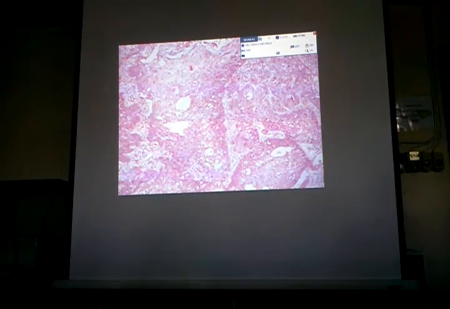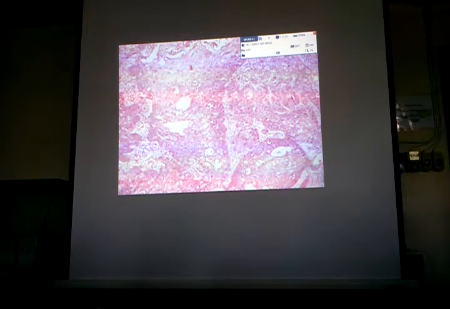How do you call that pointed structure amongst the malignant squamous cells? That's a keratin pearl. So what should be the degree of differentiation of this tumor? It should be well differentiated.